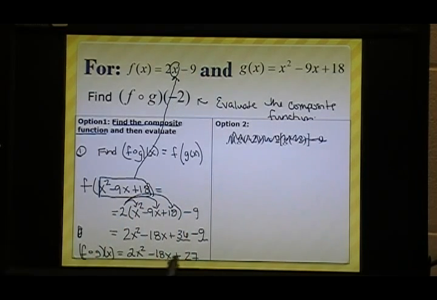So now that we have this function, we can simply substitute -2. So f of g of -2 is going to be 2 times -2 squared minus 18 times -2 plus 27.